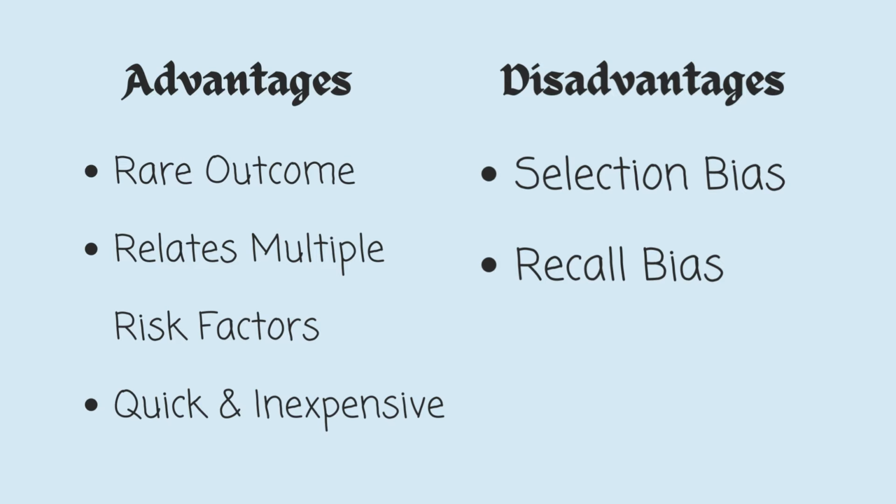So this type of error in the case control study leads to a mistaken result, which is known as recall bias. So this is a brief video where we have discussed the sampling design as well as the advantages and disadvantages of a case control study design.